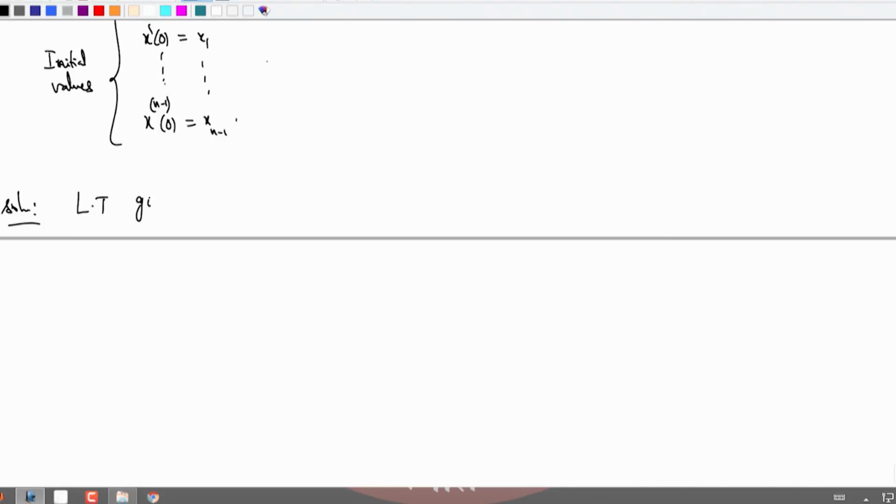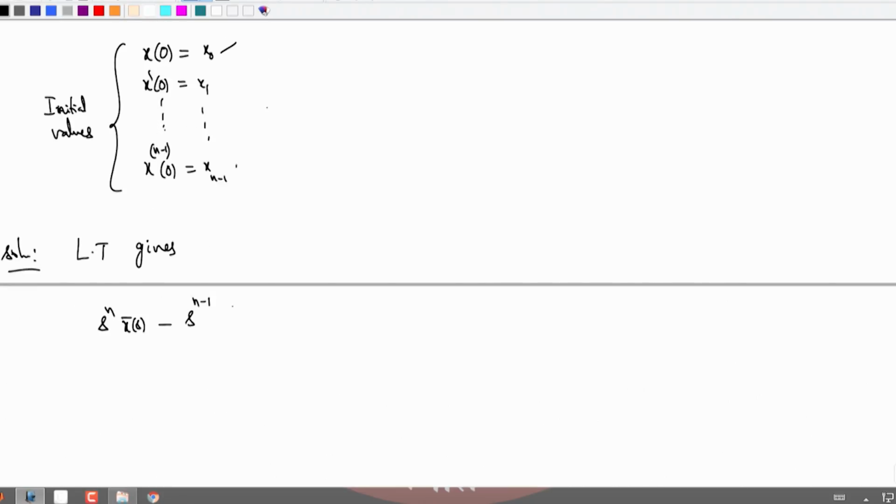Laplace transform gives s power n x bar of s minus s power n minus 1 x at 0, that is x at 0 as x naught. I use directly x naught minus s power n minus 2. Now you have x dash of 0, that is x 1, and so on.